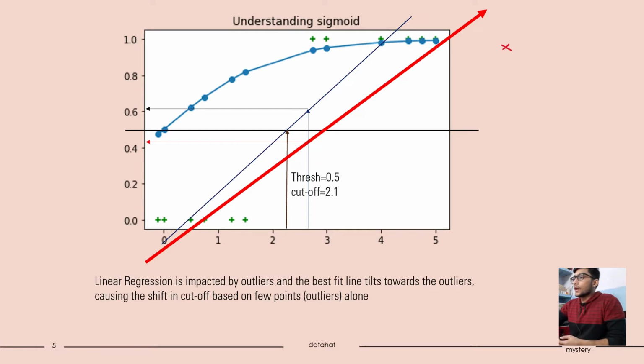Now, if you choose an outlier, say 0.5, then your cutoff is now somewhere around 2.8. And most certainly some of the points which were actually positive would now be classified as negative because of the margin shift you are getting. The other thing you would question is, what if we change our threshold?